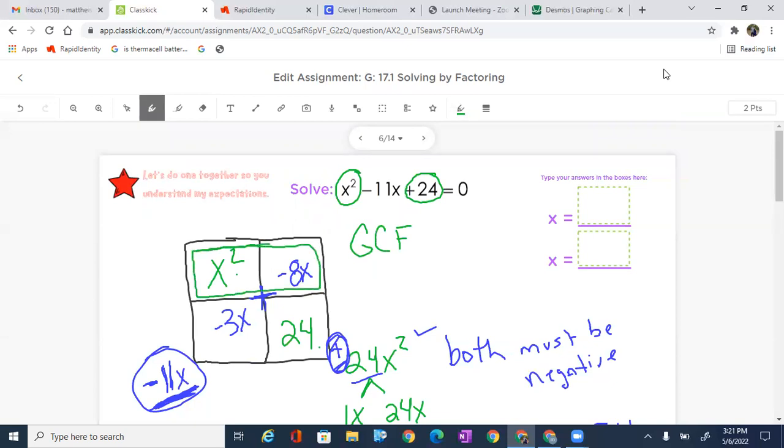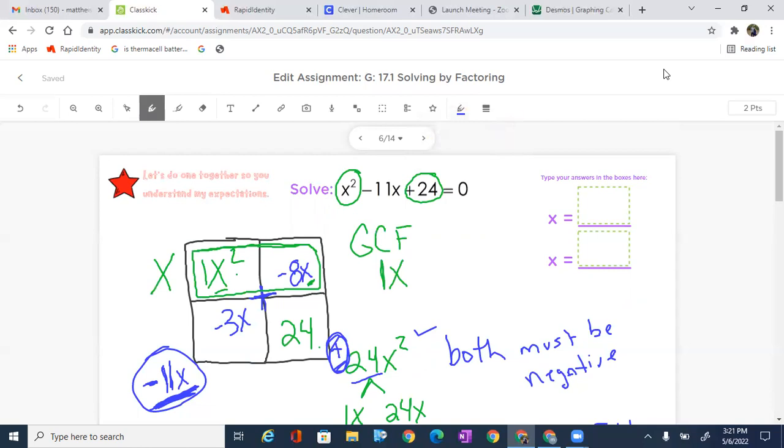So the greatest common factor of x squared and negative 8x: well, the only number that'll divide 1 and negative 8 is going to be 1. But the greatest common factor also involves a variable. And check it out, this has 2 x's on there. x squared is x times x. So because this has 1, I'm going to have 1x. Our greatest common factor must be 1x or just x.